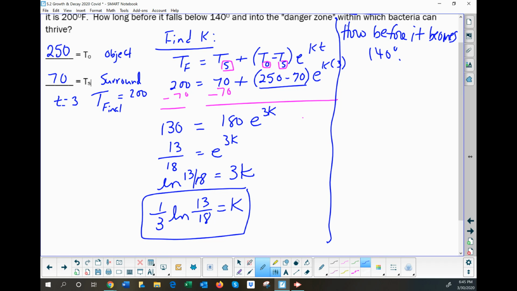I think I'm going to go back to time 0 is 250 degrees, and at time, question mark, not a 3, we're down to 140. And we do know our K value, right? So back to temperature final equals temperature of the surrounding plus temperature of the object minus temperature of the surrounding. That needs to be in parentheses, e to the kt.